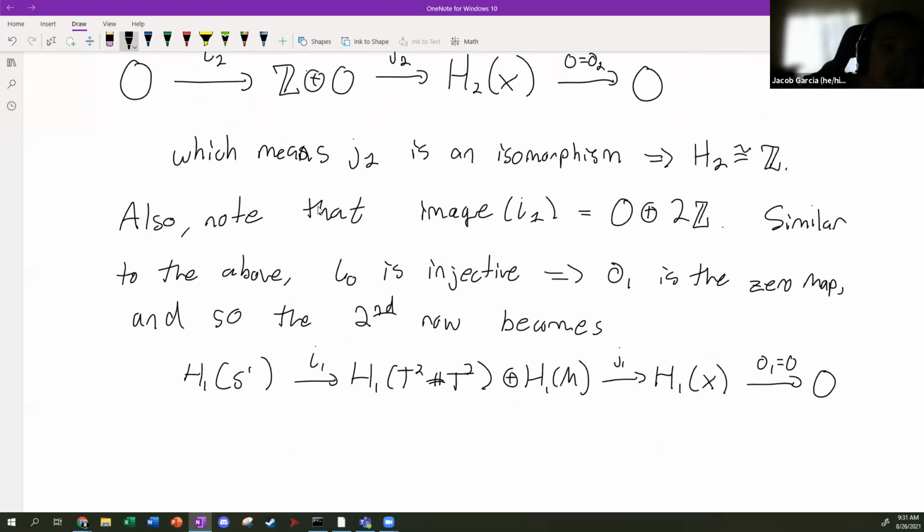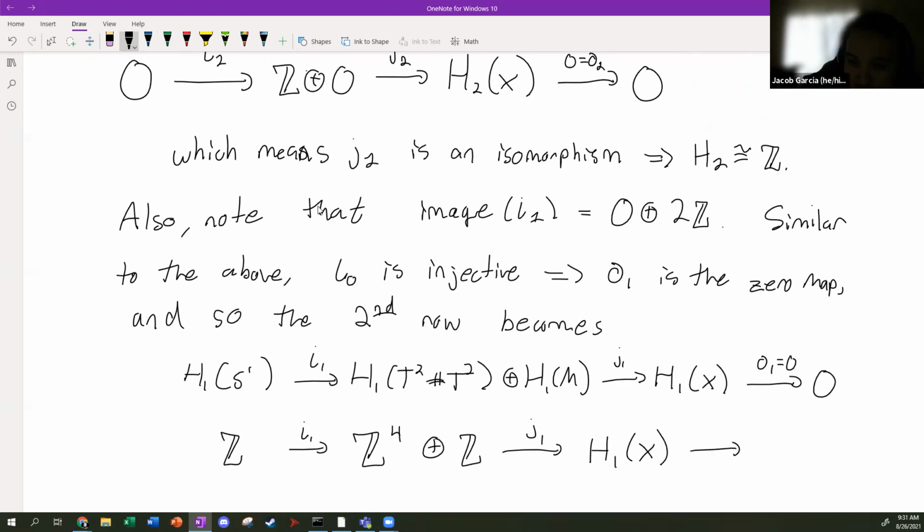Right? So filling in the stuff that we know, this becomes Z maps via I1 to Z4 direct sum Z, which maps via J1 into the space that I don't know yet, which maps to 0 via the boundary map, which is the same as the 0 map.